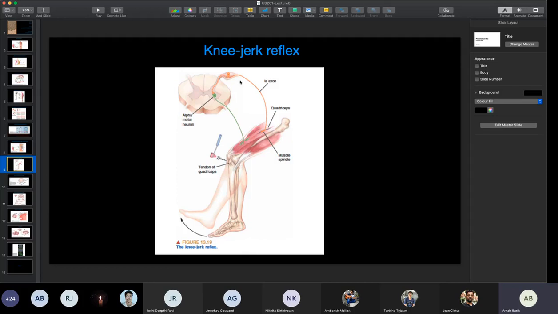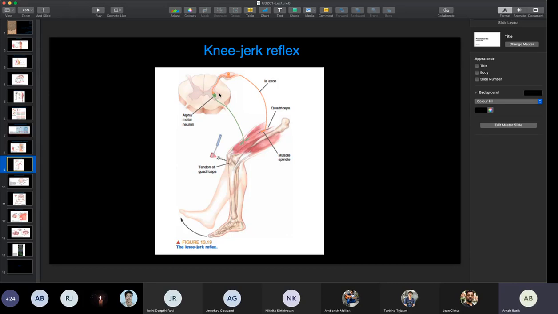So the sensory neuron will go here. We have spoken about this before. The neuron will take the information to the spinal cord, and then it will excite the alpha motor neuron, and that will raise the leg. So it's a very simple circuitry. But even with this simple circuitry, we actually don't completely understand it.